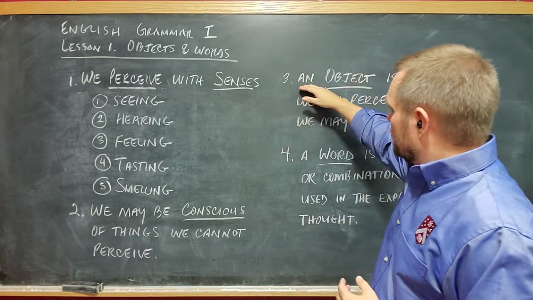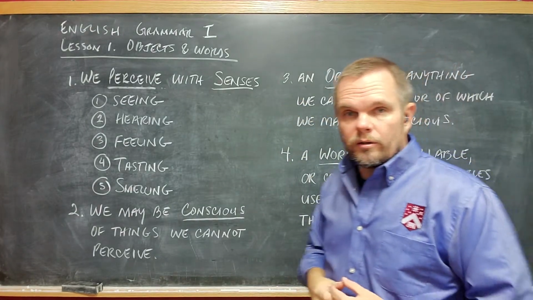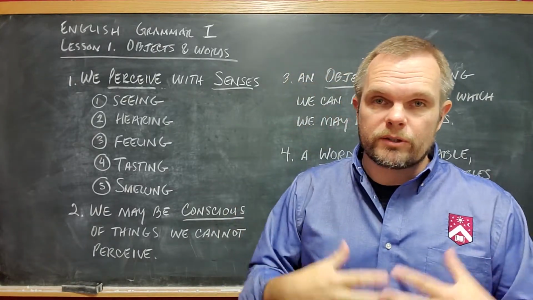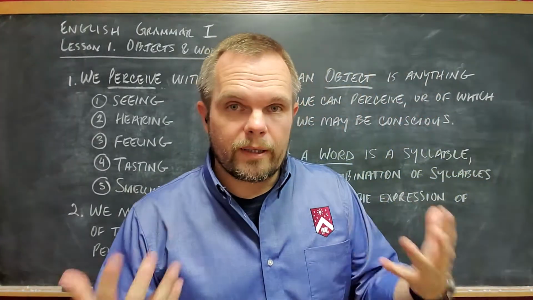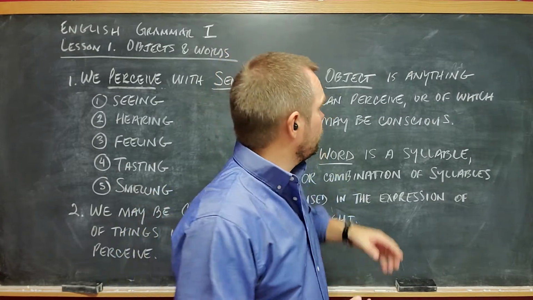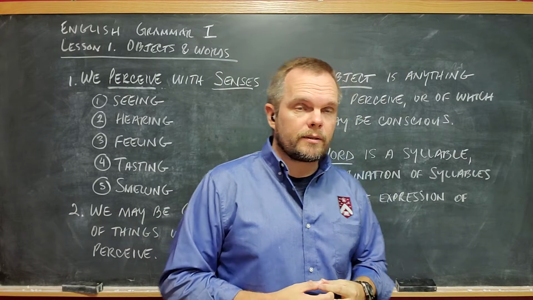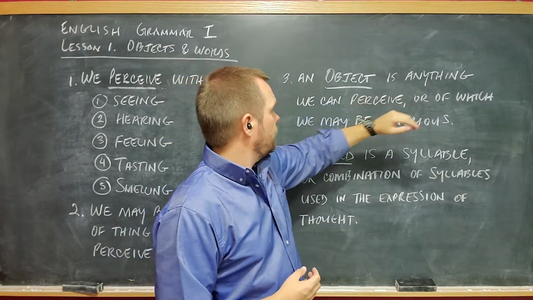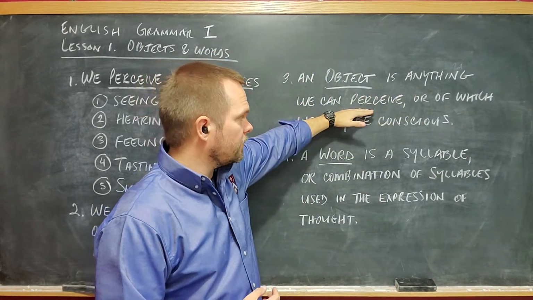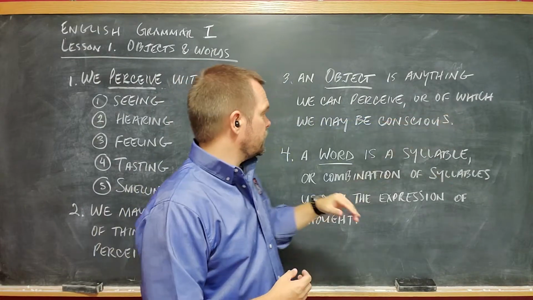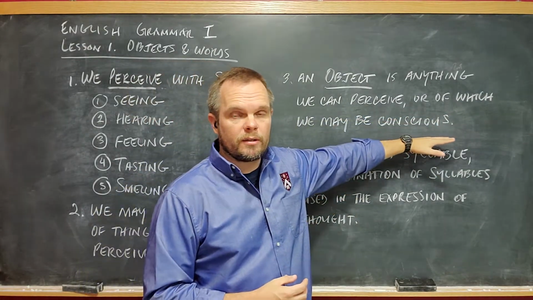Now, the next point we learn in our lesson here, which is what we're learning so that we can get ready to study English grammar, is that an object is anything that we can perceive or of which we may be conscious.